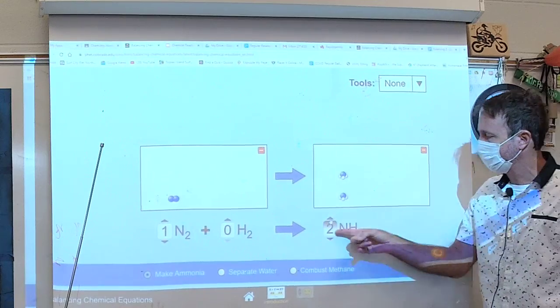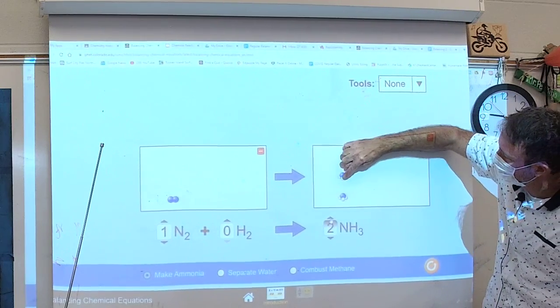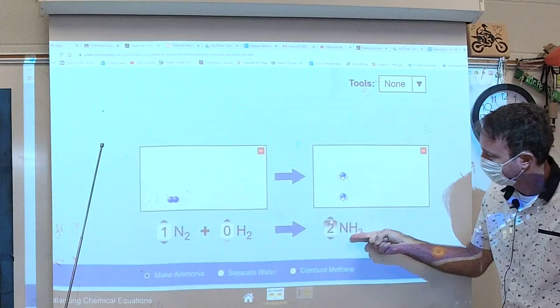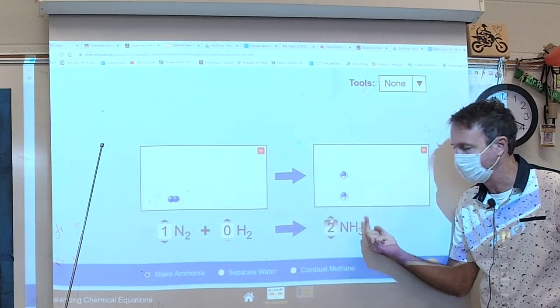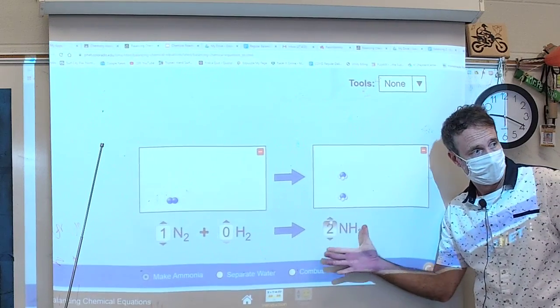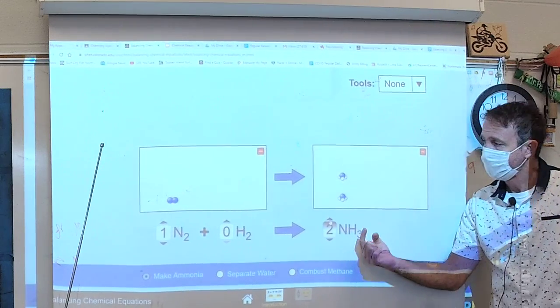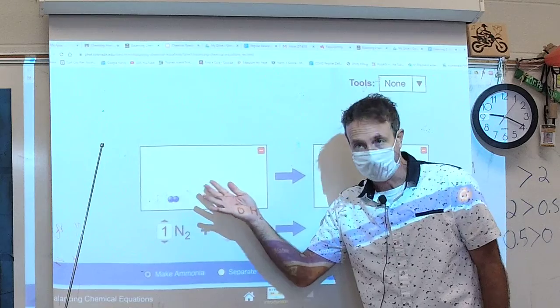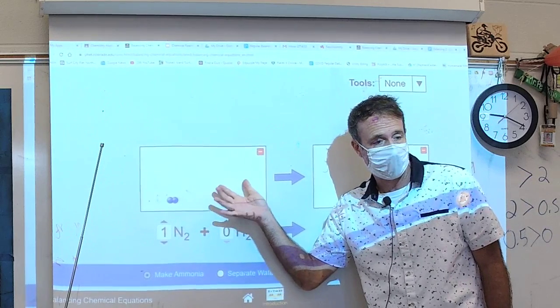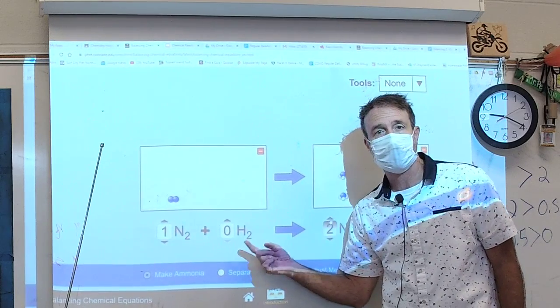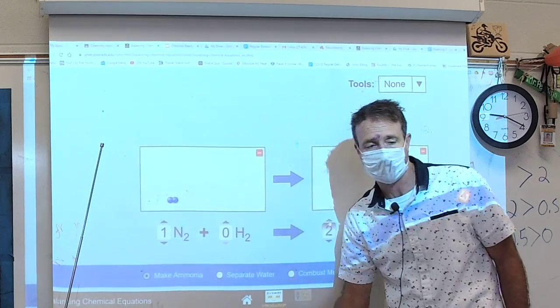Now, changing that to a 2 gives me 1, 2, 3, 4, 5, 6 of the little white atoms that represent hydrogen. And if you look on this, 2 times 3 is 6, correct? So we're going to need 6 hydrogens over here. Every one of these molecules has 2 hydrogen on it.